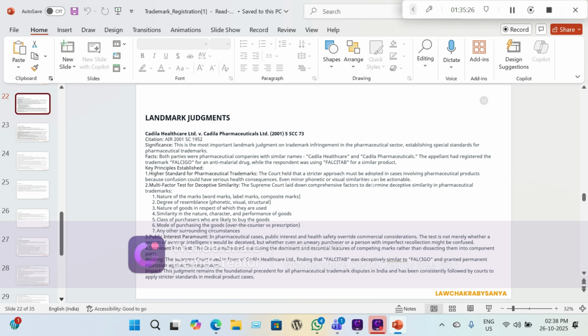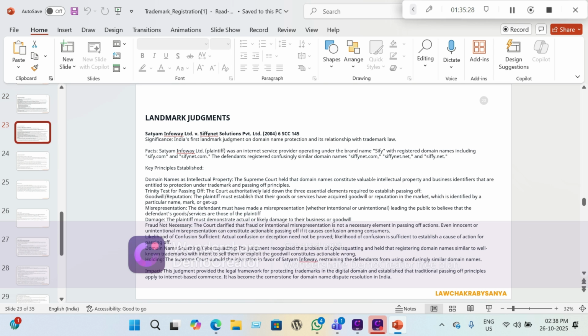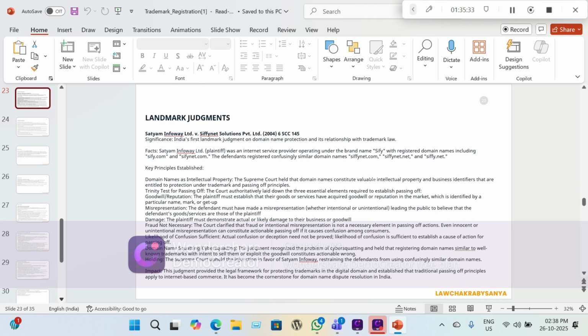On the next slide, we have Satyam Infoway versus Sifynet Solutions Private Limited. Now, in this, interestingly, like I was telling you, they had a trademark brand name Sify. The defendant, the respondent, also started using Sifynet.com, Sifynet.net, Siffy, etc., with a double F. So there was a domain name infringement that was also presented in this case.